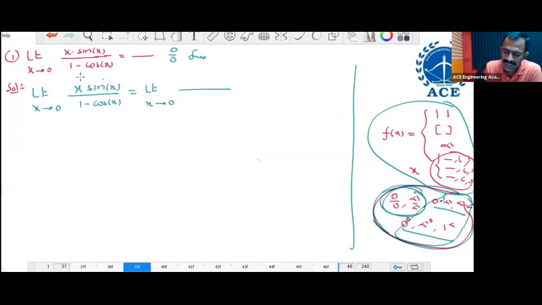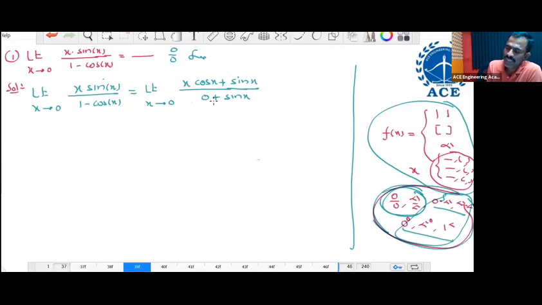In the numerator, it is the product of two functions, so use the product rule, the UV rule. x into derivative of sin, which is cos x, plus sin x into the derivative of x, which is 1. So x cos x plus sin x, divided by 0 minus derivative of cos, which is minus sin x. Minus becomes plus, so sin x. This is the first derivative.